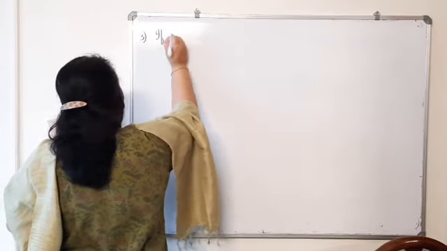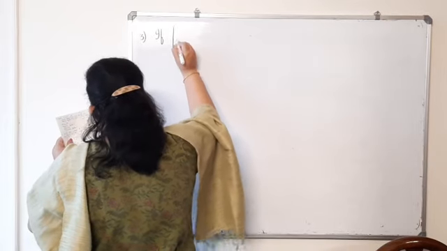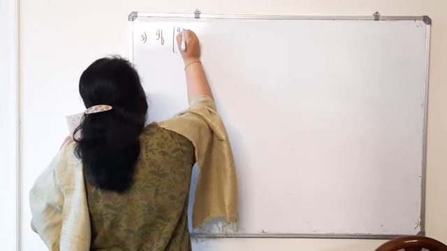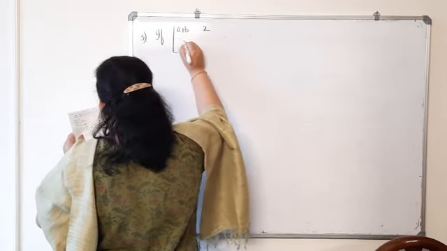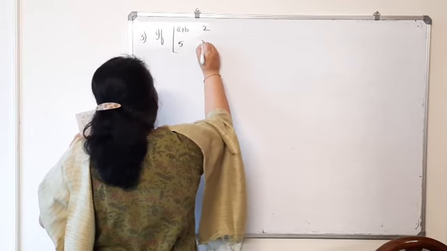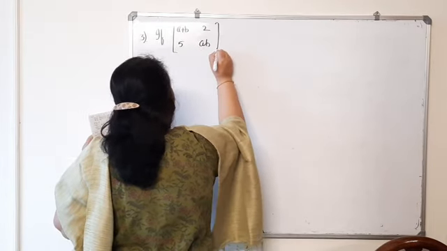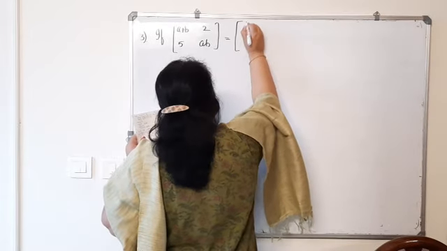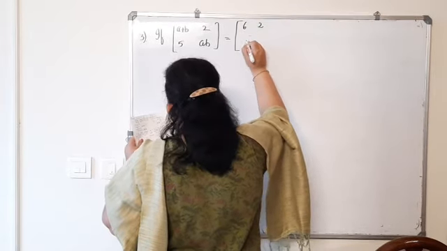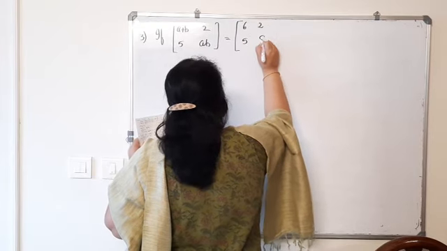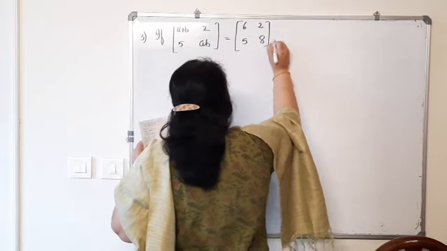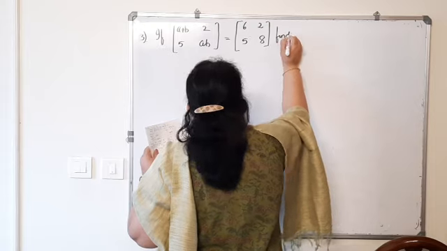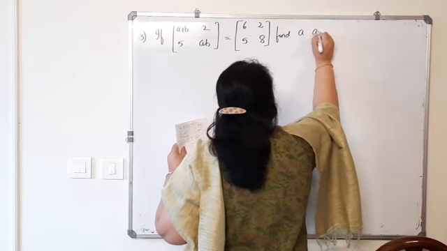If matrix A plus B, 2, 5, AB is equal to matrix 6, 2, 5, 8. Find A and B.